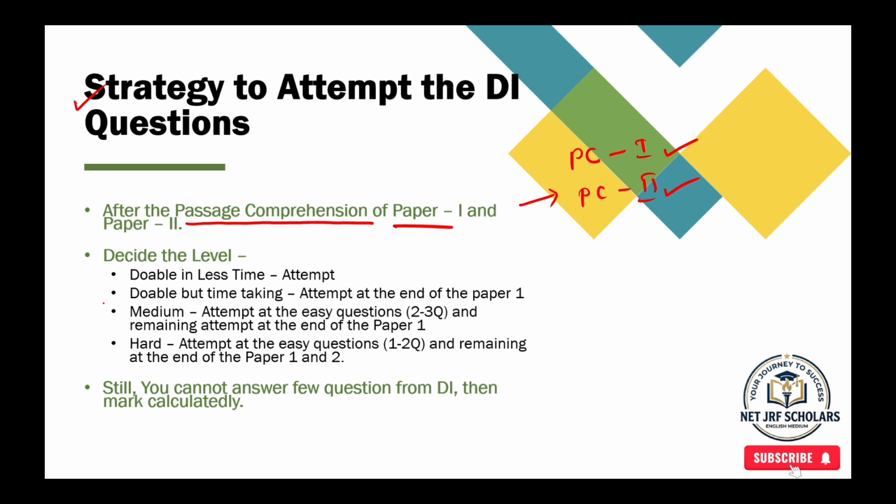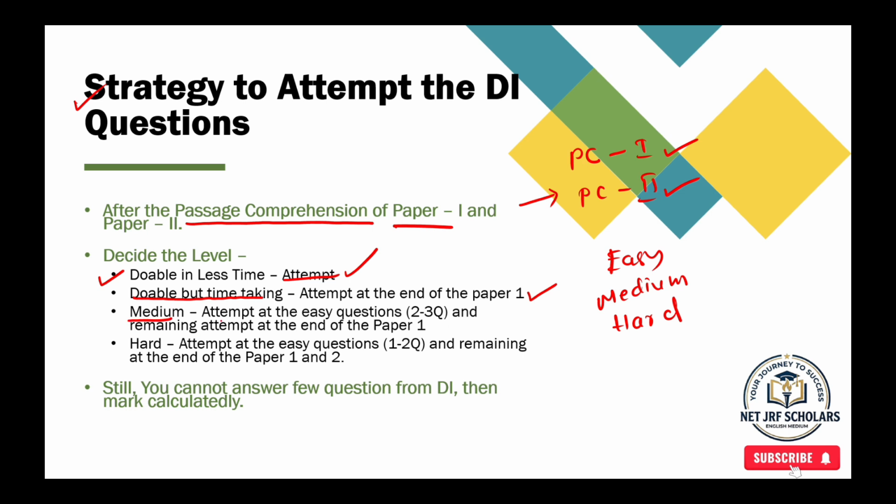First you need to decide whether it's easy, medium or hard. Once you decide, if it is doable in less time, you attempt immediately after the passage comprehension. If it is doable but time taking, attempt at the end of paper 1.